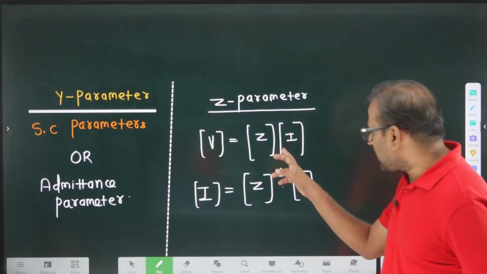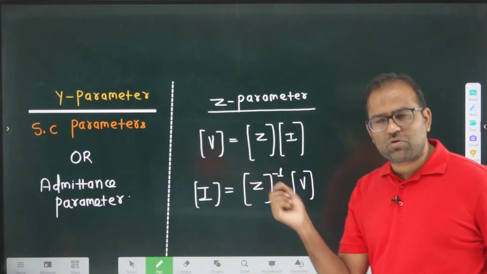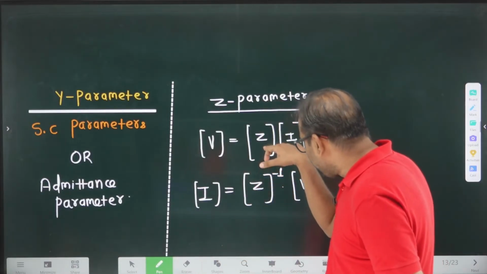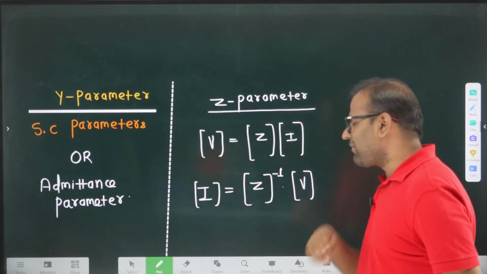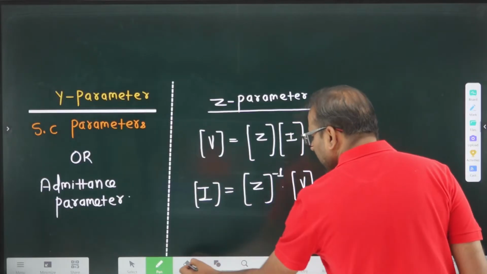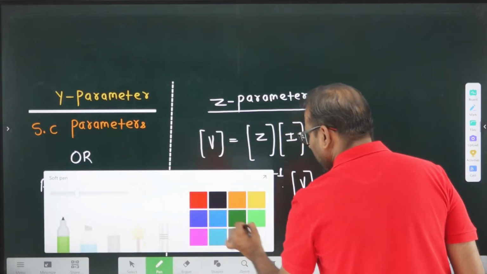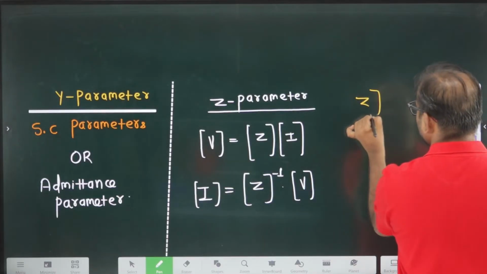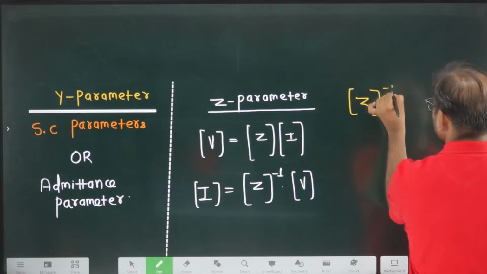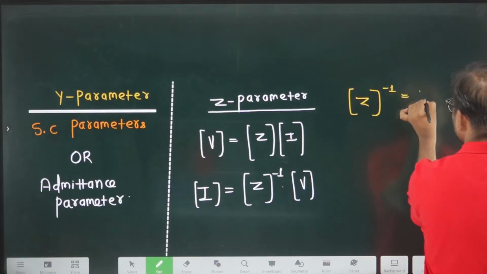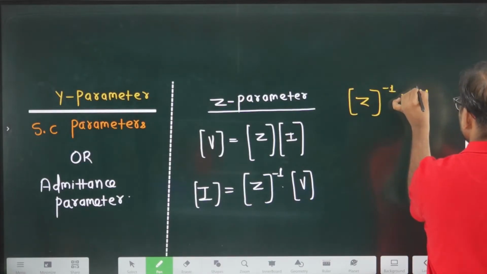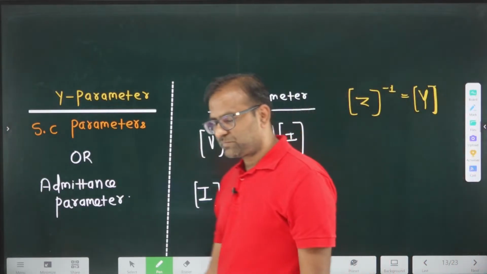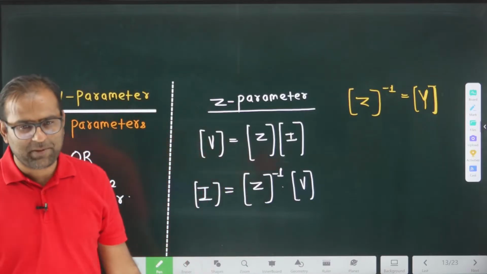This is given in the matrix. This is not a scalar Z, this is a 2 cross 2 matrix: Z11, Z12, Z21 and Z22. So when we bring this here, the value will be Z inverse into V. And this Z inverse can be written as Y, and this is the Y parameter.